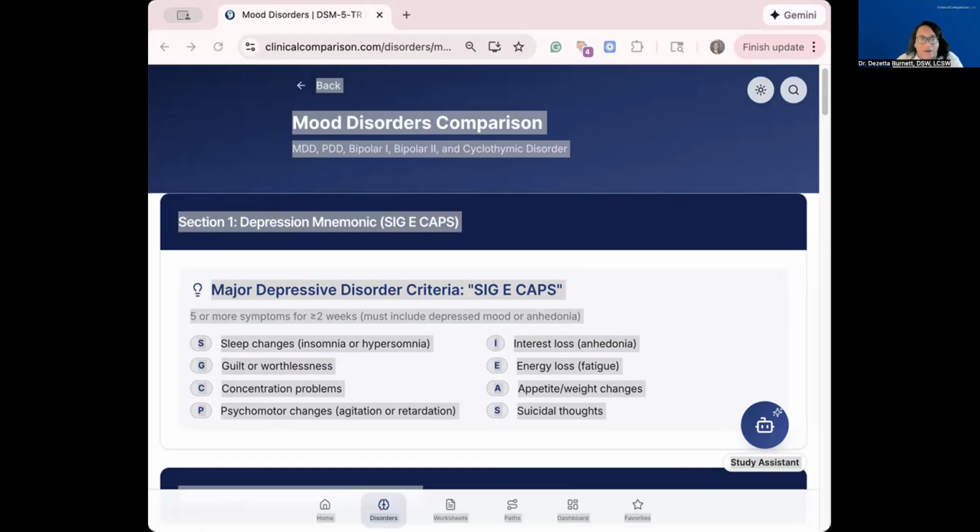These are all the categories that you can look at. And for each category, let me go back. We did that one already. Let's go to psych. There are the overview, the symptoms, and then there's a table, right? So you have the same structured format for all the disorders, for all the anxiety disorders, the trauma disorders, the psychotic disorders, the personality disorders, every major differential across the DSM.